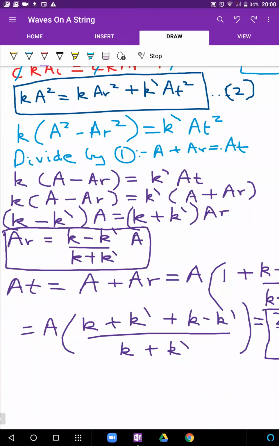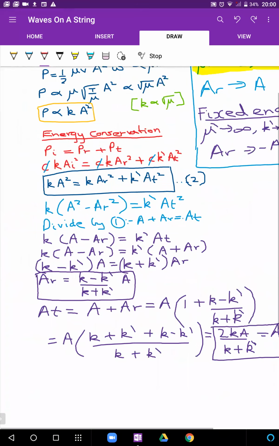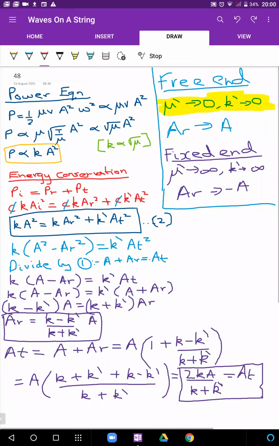AR is equal to A. So when the string is infinitely light, your reflected amplitude is the same as your incident amplitude. This is why when a pulse gets reflected from a free end, you get an upright pulse of the exact same amplitude. Why are we saying this is upright? Because this result is positive. AR is the same as A.